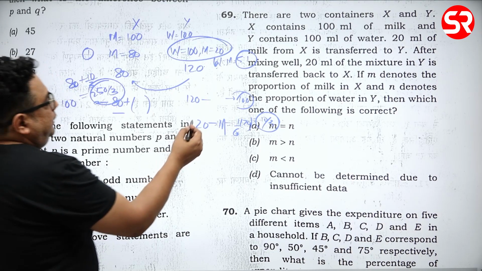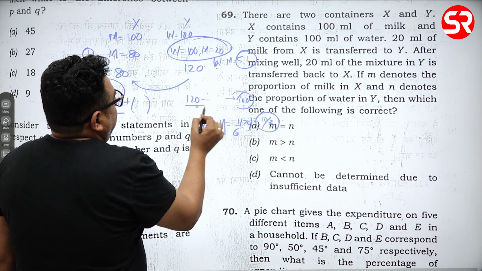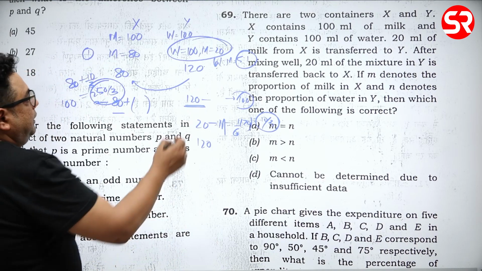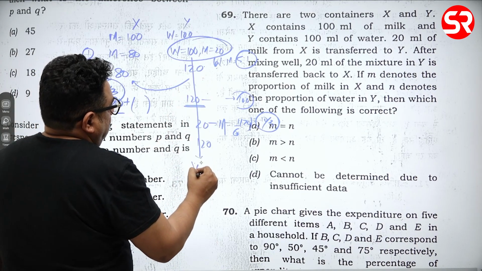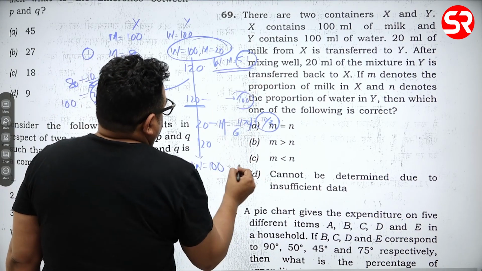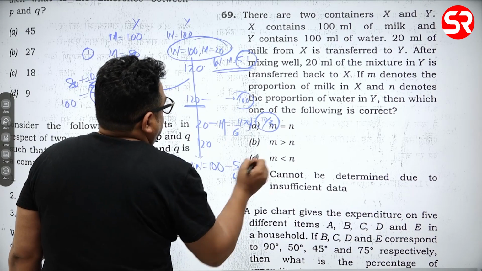Similarly, over here you would realize that 120 was already there, and out of 120, water was 100. And how much water is gone? Minus 5/6 times 20, isn't it?